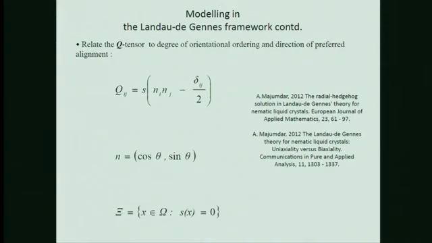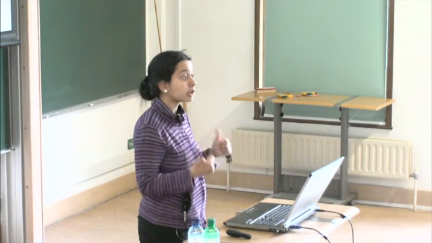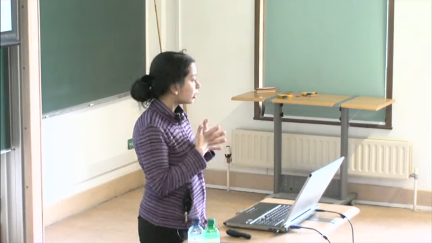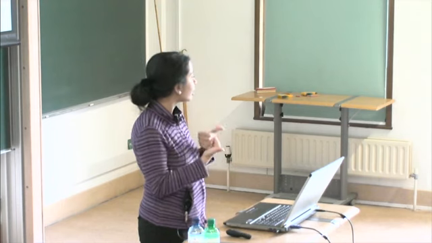So we're also going to use this alternative representation, where S in the formula is the scalar order parameter, related to the degree of orientational ordering present in the system, and n is the distinguished direction. It represents the preferred direction of molecular alignment. And because this is a strictly planar 2D framework, n is fully characterized by this angle theta.